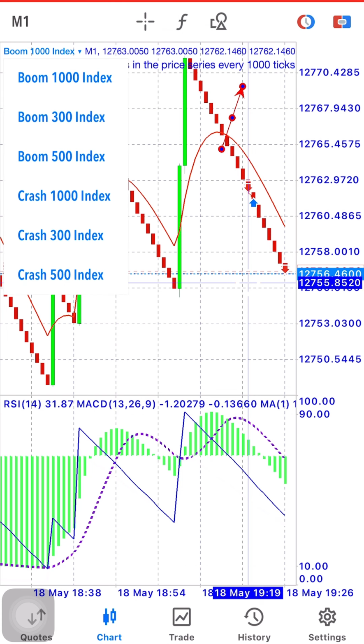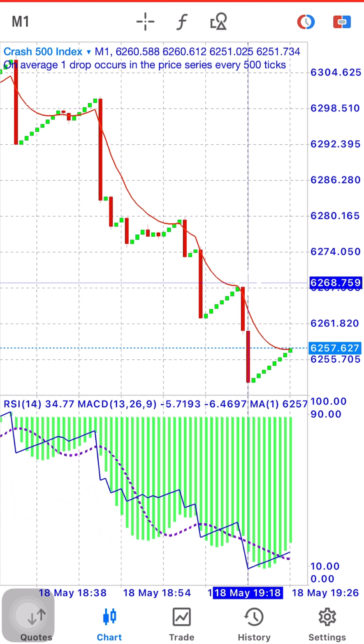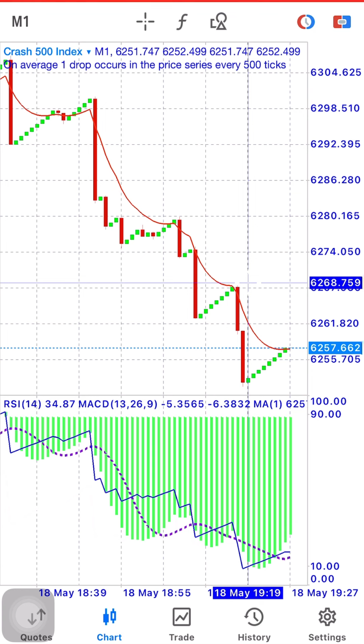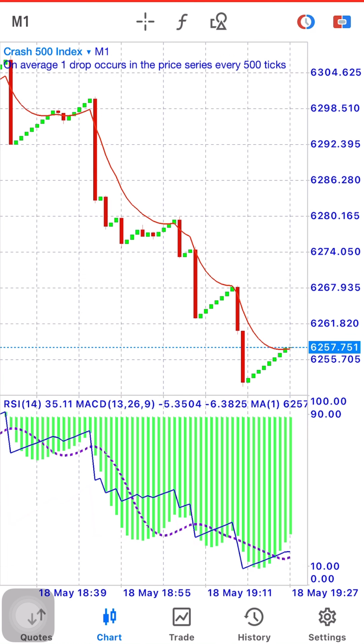Now let's check on crash 500. Crash 500 has just crossed. I don't trust this yet. This market has been a very bad market, so we must wait.